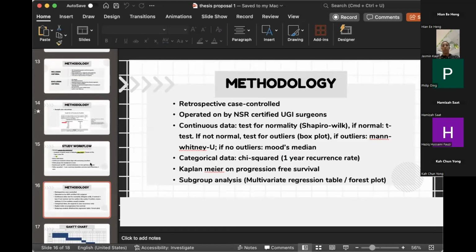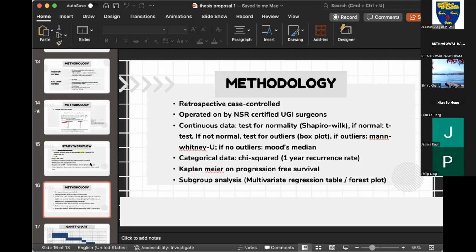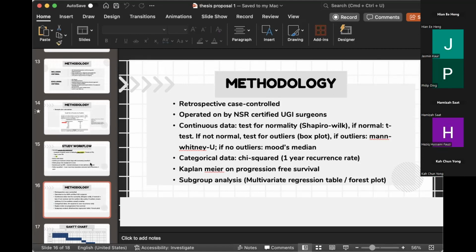Because if it's logistic, do you remember, you didn't come for the talk last week, right? For logistic regression, you actually can just use the reference for every factor which you're going to put into the multivariate model, comparing the two groups, the ones who went for neoadjuvant and the ones who didn't. You need a minimum of 10 patients per factor.